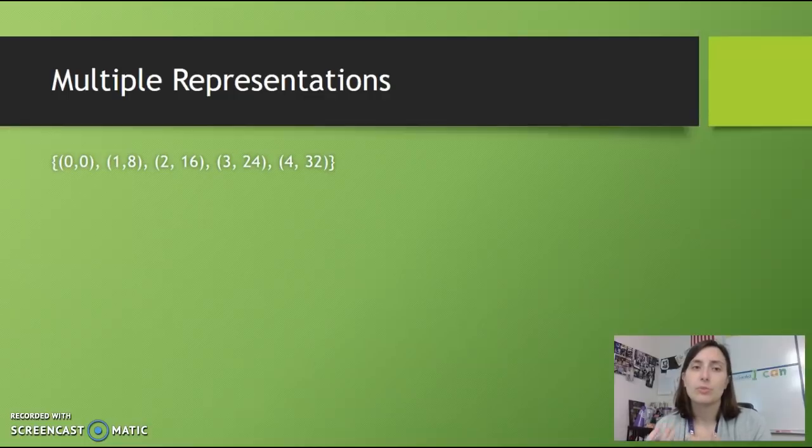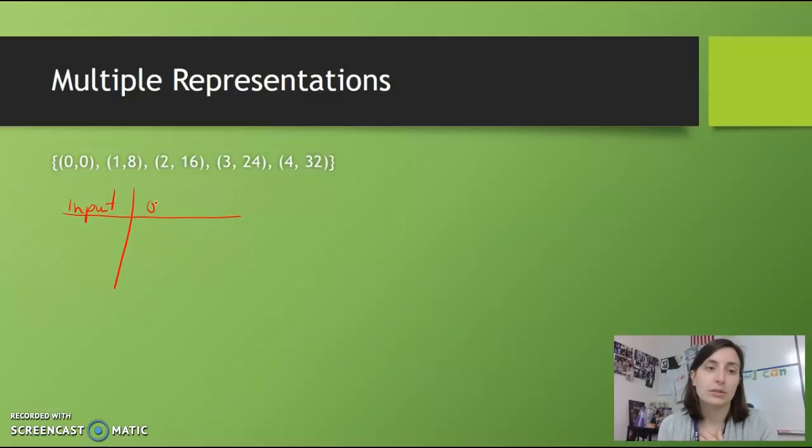Alright, so we have multiple representations. Here's our first, it's just our list of ordered pairs. I can then put this into a table of input and output values.